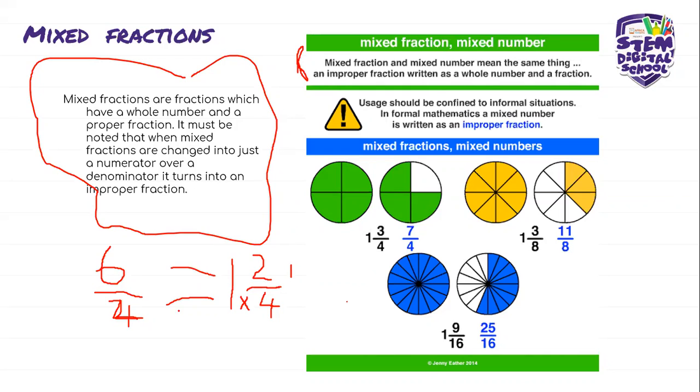First question: how many times does the denominator go into the big numerator? Then the relationship between the whole number and the denominator is multiplication. So we ask ourselves how much we are left with to get to the full numerator of 6. We said it was 2. So 1 times 4 is 4, plus 2 is 6 over 4.